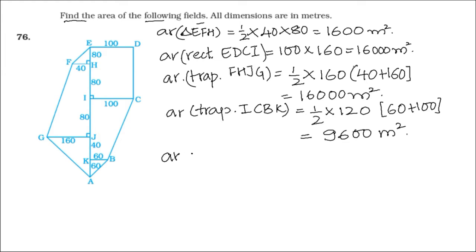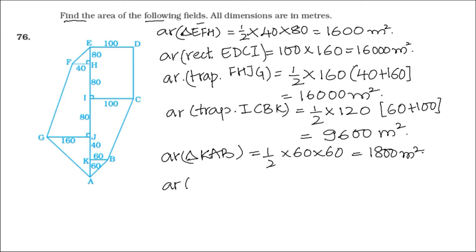Now there are two more triangles left out. The area of triangle KAB is half into base 60, height 60. We get it as 1800 square meters. There is one more triangle left out, GJA.